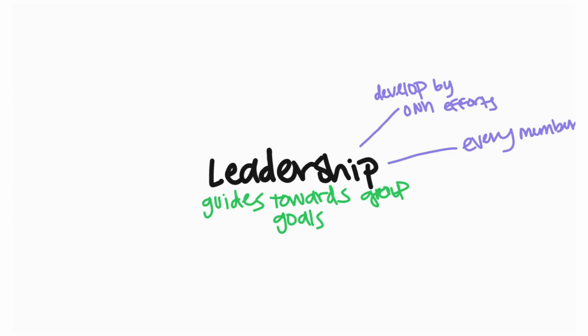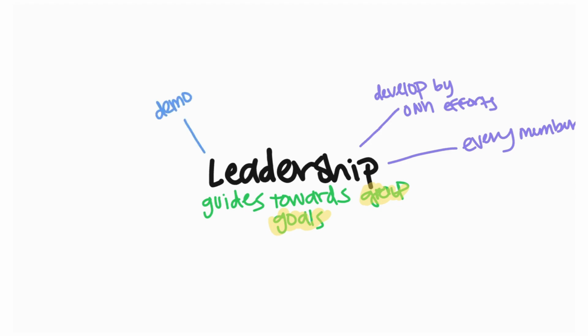Now, leadership can change based on group goals. So group goals are the most important part when it comes to leadership. A leader is chosen based on what you're looking for from a group. Now, there are characteristics of good leaders. And some of these characteristics include being respectful, being able to show some confidence, but the biggest thing is to uphold democracy.